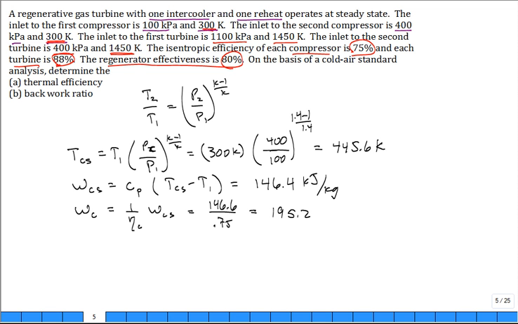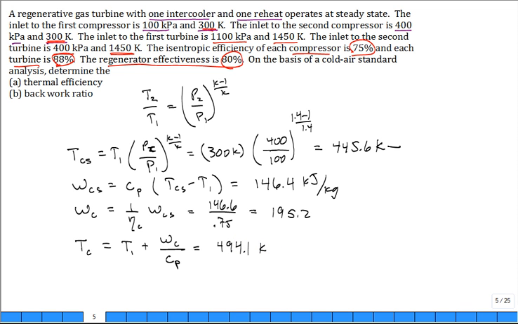So you can now find the temperature at C. The temperature at C is going to be the temperature at 1 plus the work actual into the compressor divided by the specific heat. Find that the actual temperature at C is 494.1 Kelvin.